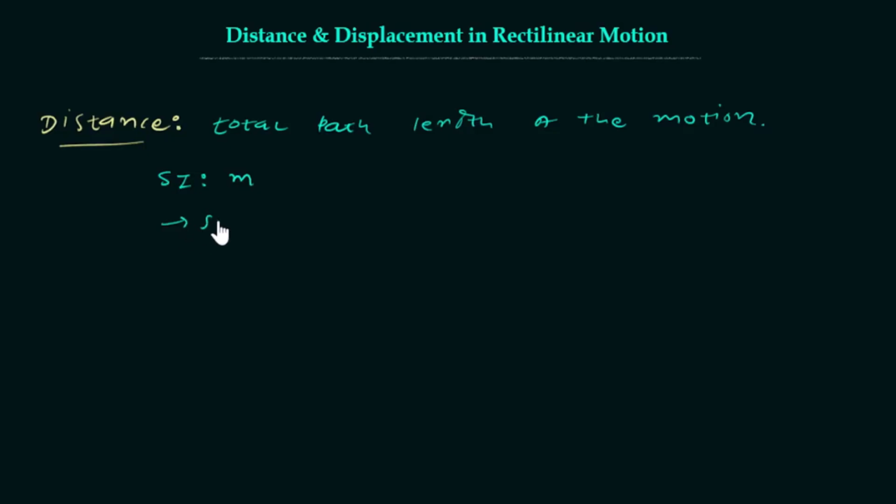It is a scalar quantity. It is path dependent. It can be zero or positive.